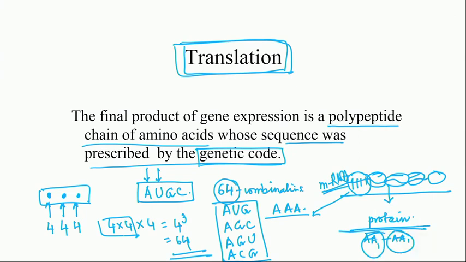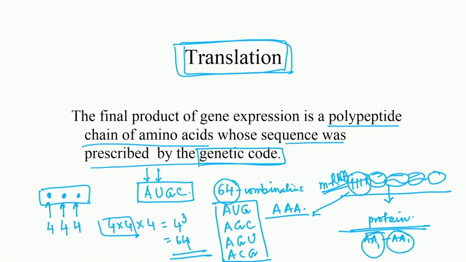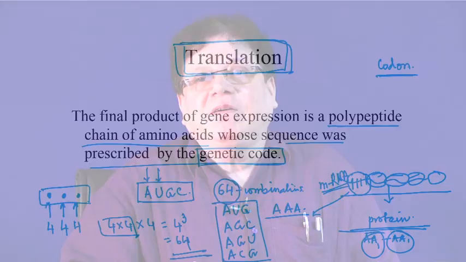But while doing so, you now see that you have many extra codes, because you have 64 basically. Now, these individual 3-letter codes are called the codon. So, genetic code is basically the whole alphabet structure, which says which amino acid is expressed by which codon.